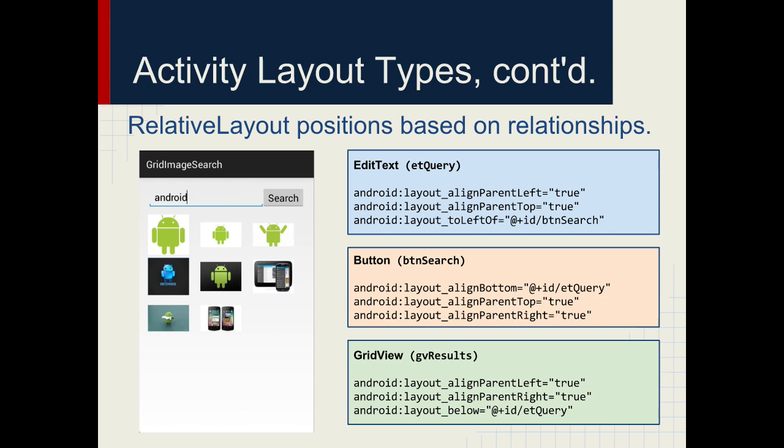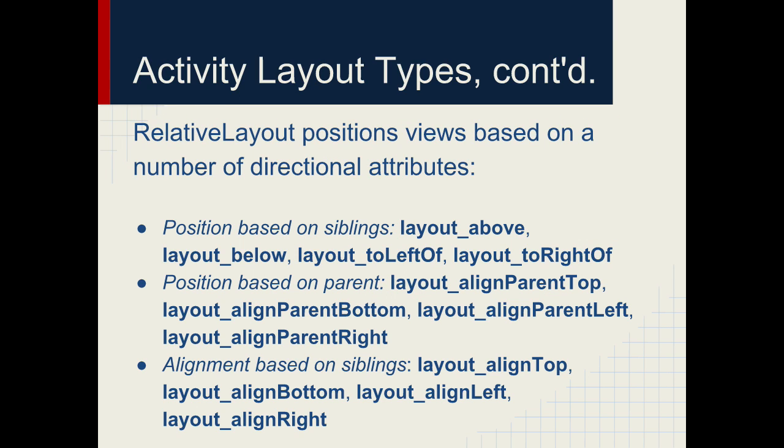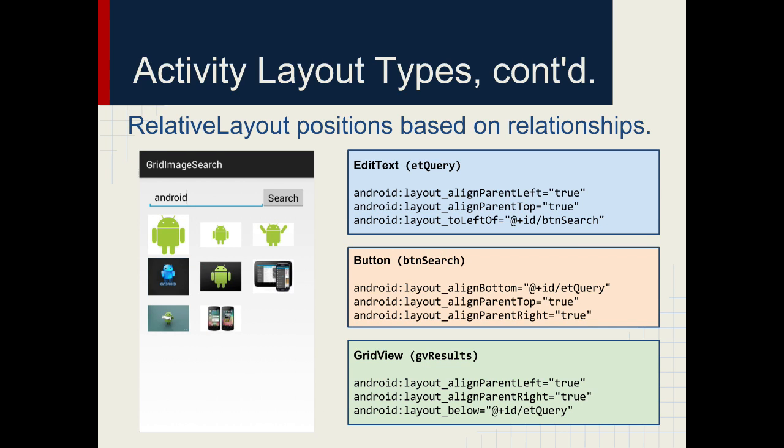Okay, so align bottom is aligning relative to your siblings, and align parent bottom is relative to your parent. So how should I draw this?